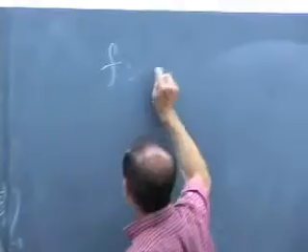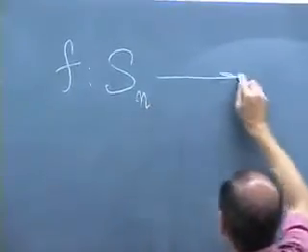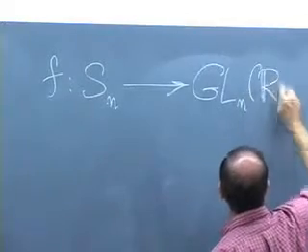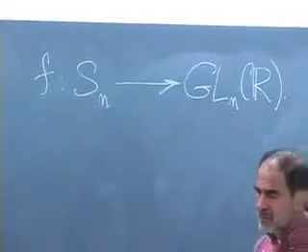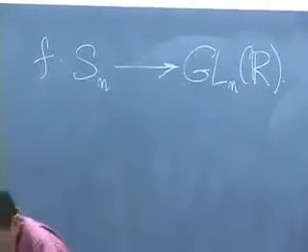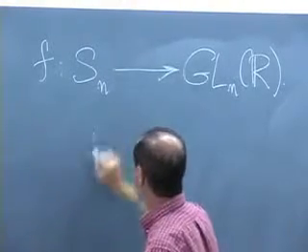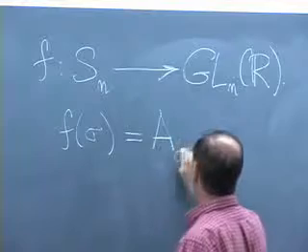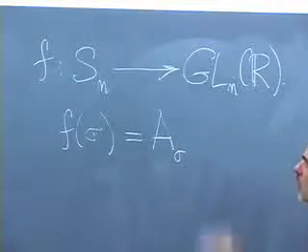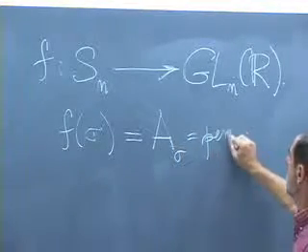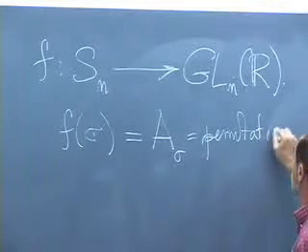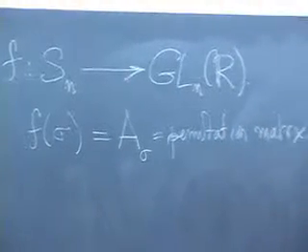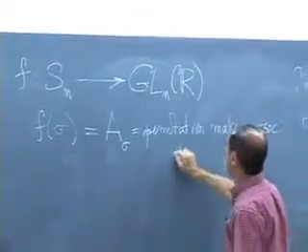So I claim there's another homomorphism from the symmetric group on n letters to the group GLn(R), which takes a permutation sigma to a matrix A sigma, which is called the permutation matrix, and I have to define it for you, associated to sigma.